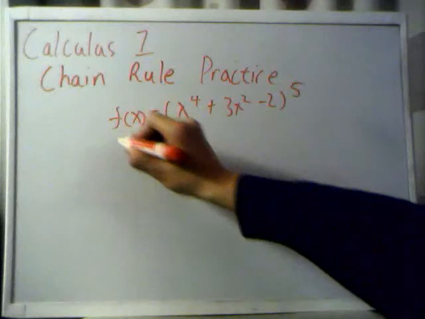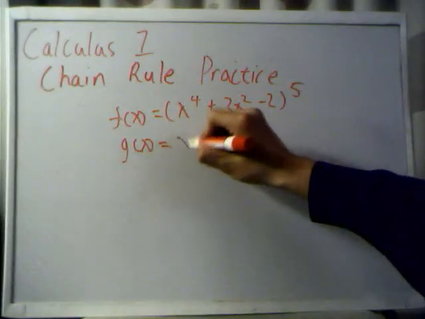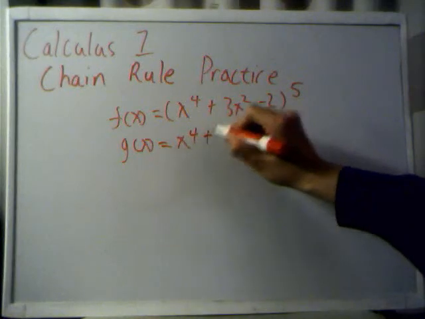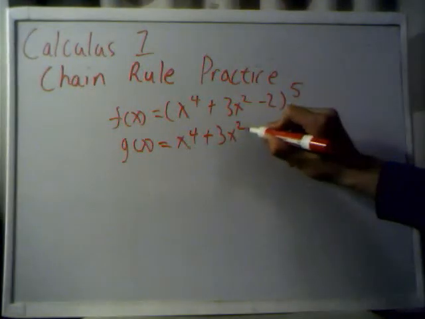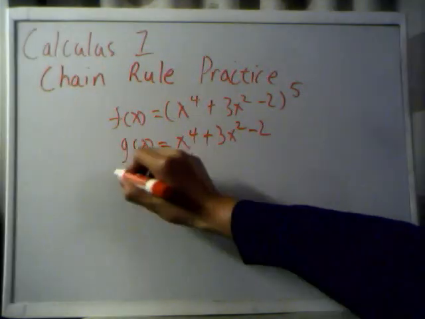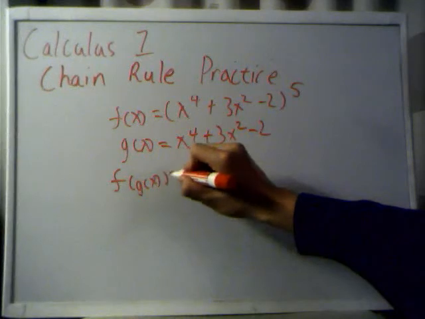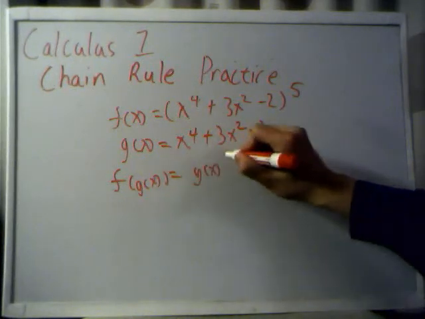Let's first start by writing out g of x is equal to x to the fourth plus 3x squared minus 2, and your outer function f of g of x is simply g of x to the fifth power.